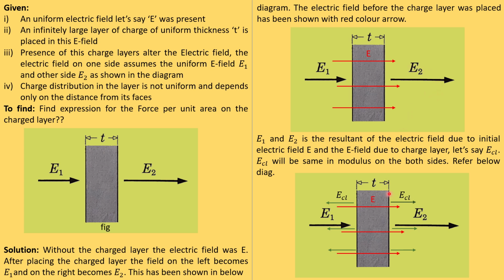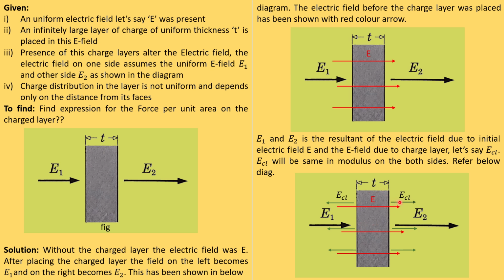So let us say because of this charge layer, the E field outside this charge layer is E subscript Cl. Cl is for charge layer. We have assumed the positive charge layer.